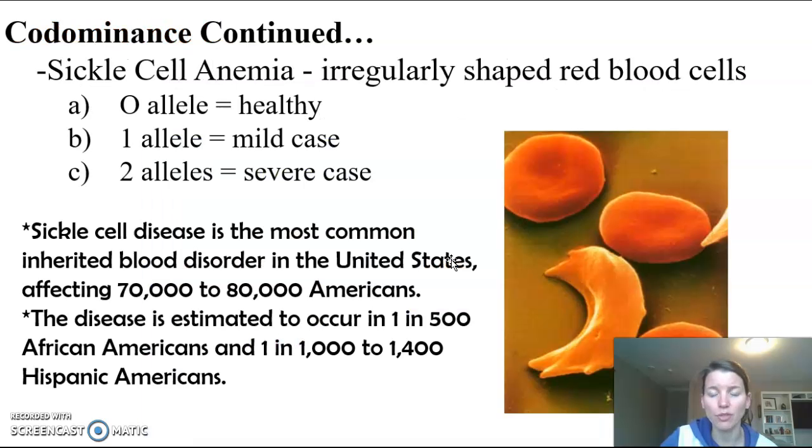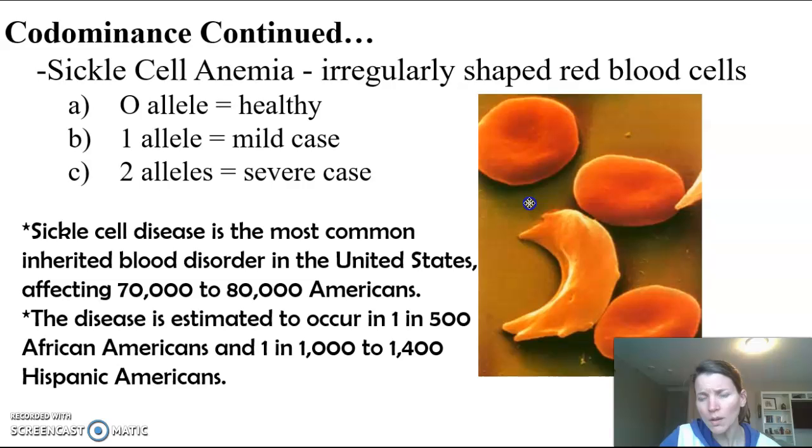Another example of codominance you may have heard of is called sickle cell anemia. So what happens here is individuals that are affected with sickle cell have both nice, healthy, round, squishy, soft red blood cells that look like this, but they also have sickle cells that look like this shape, kind of a crescent moon shape.